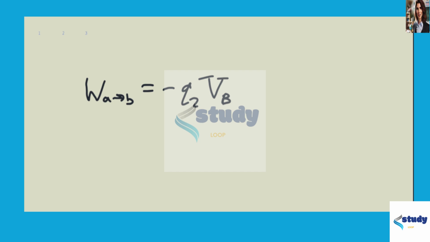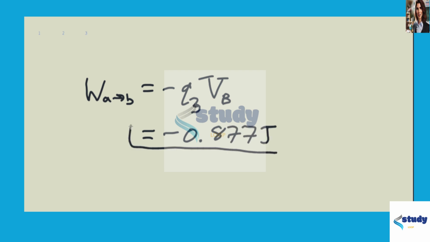So when we plug in these values, we find that the work from A to B is simply minus 0.877 joules. And this work is negative, which is as we would expect, because a negative charge, charge 3, wants to move from low to high potential, and VB is at a higher potential, so it's trying to move to that point.